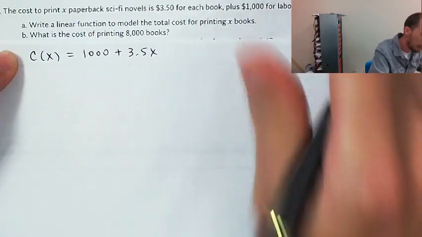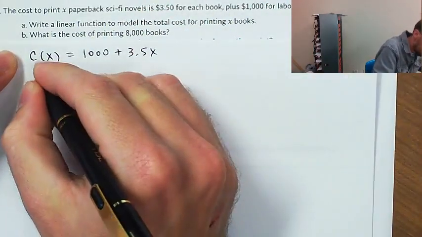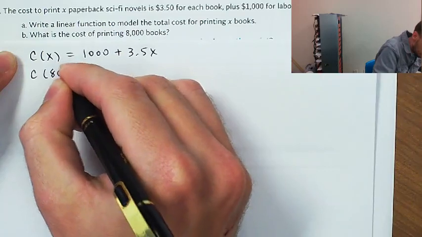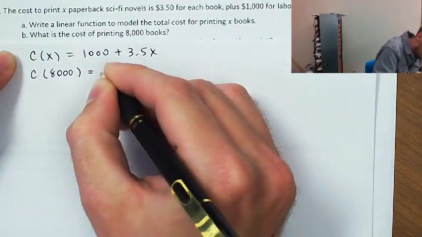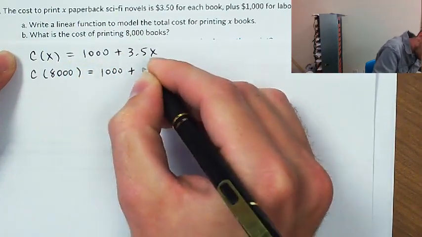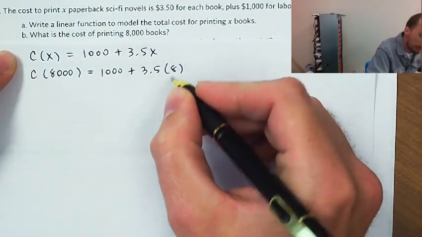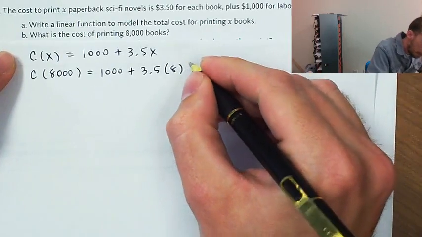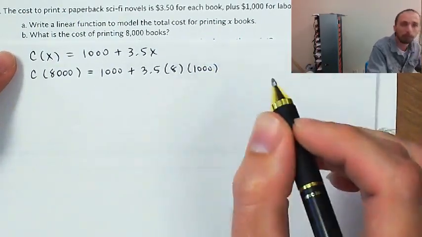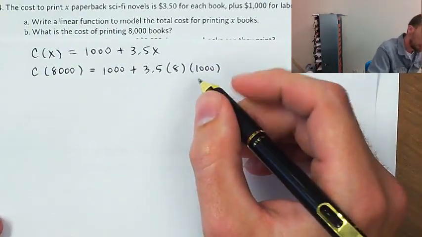B, what is the cost of printing 8,000 books? So C of 8,000 is equal to 1,000 plus 3.5 times 8,000. But maybe I'll do 3.5 times 8 times 1,000. Keep the arithmetic manageable on myself.